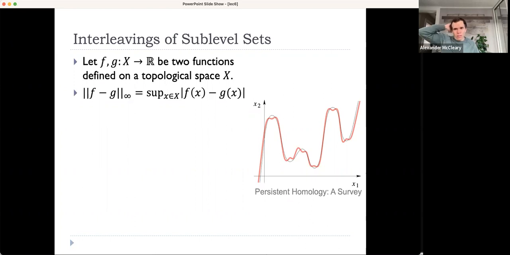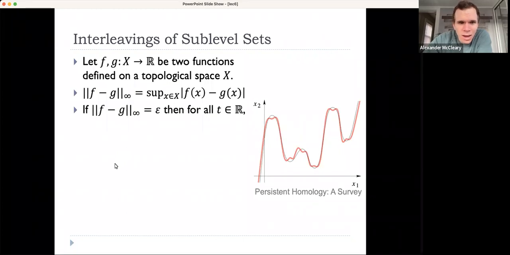Formally, we're looking for the largest vertical distance between the two graphs of these functions. As x moves along this axis here, we want to look for the largest vertical gap between these two graphs. And that's what's going to be the infinity norm.